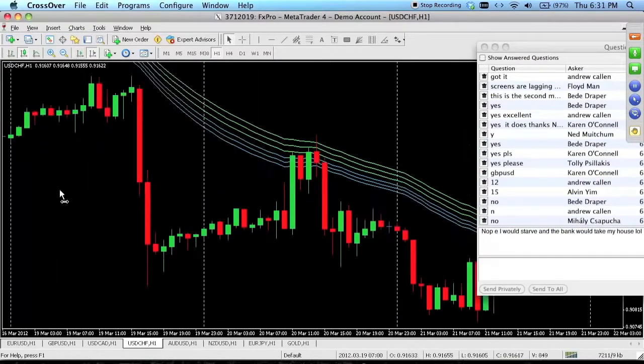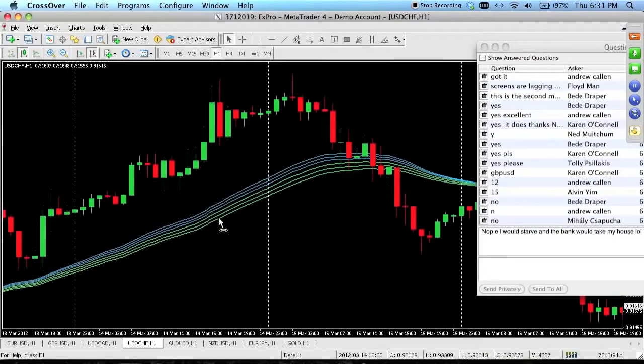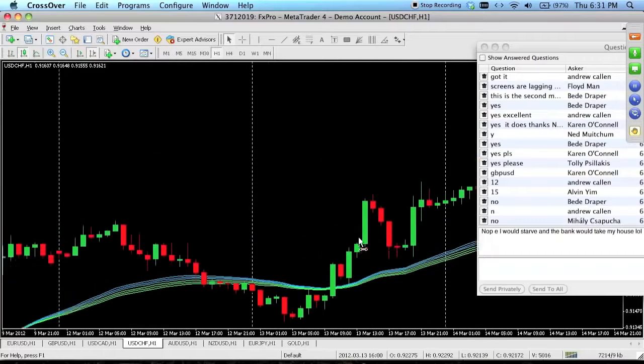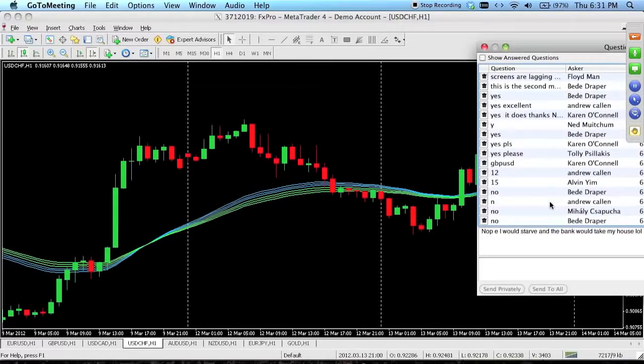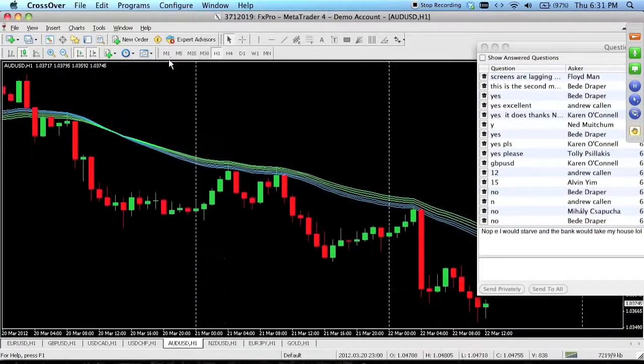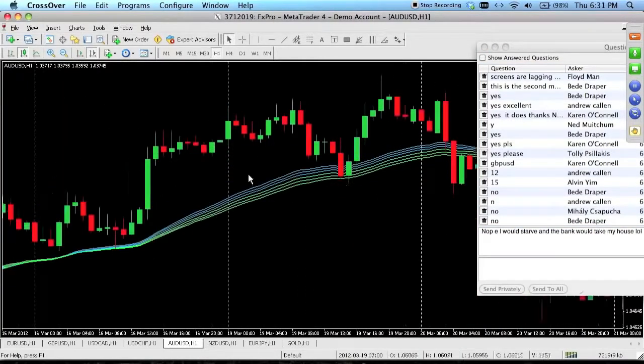Any trades there? Let's take a look. No. Aussie dollar March 12th. Any trades there?